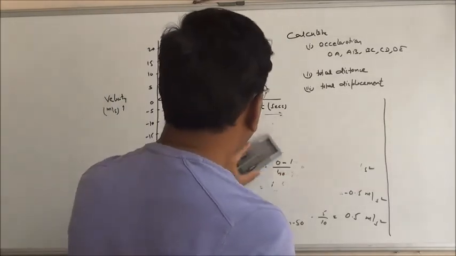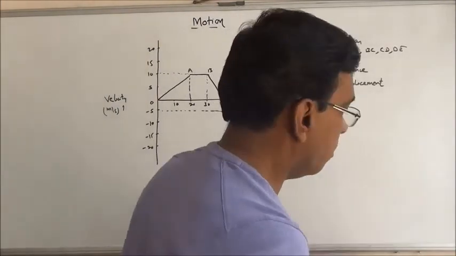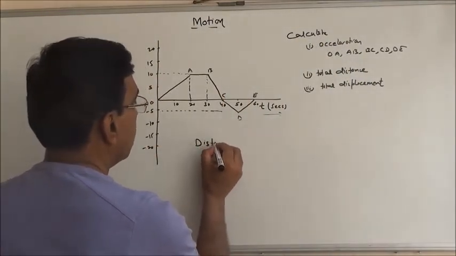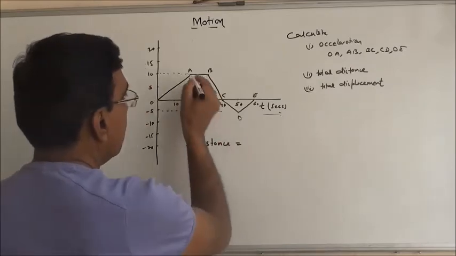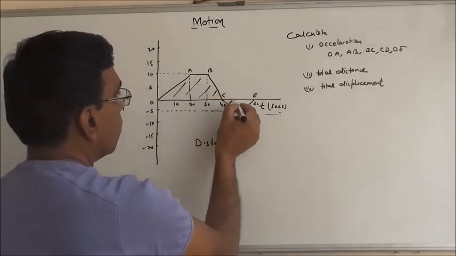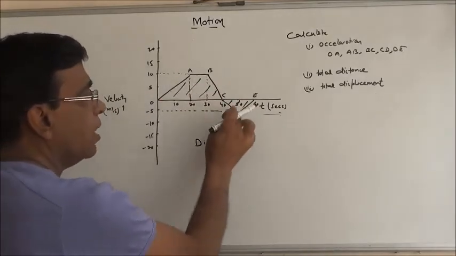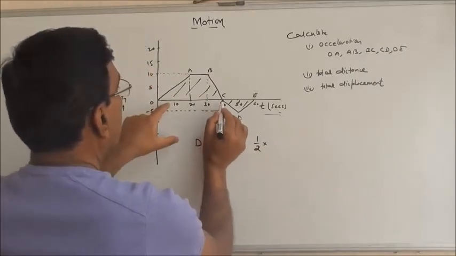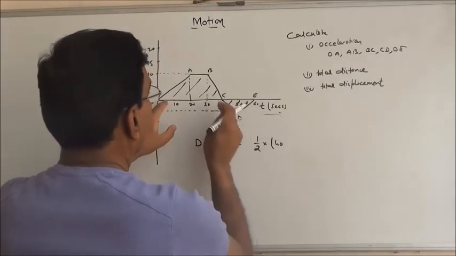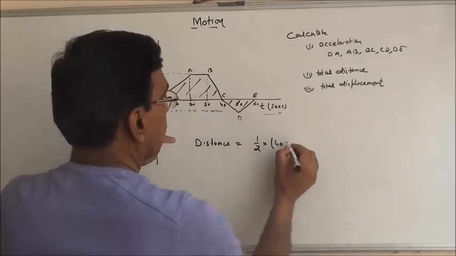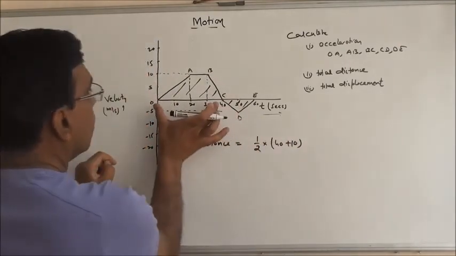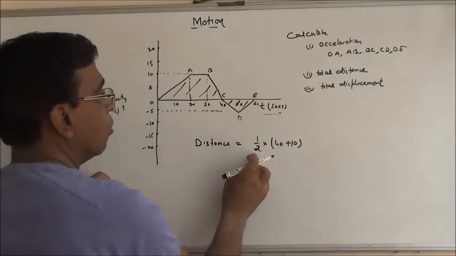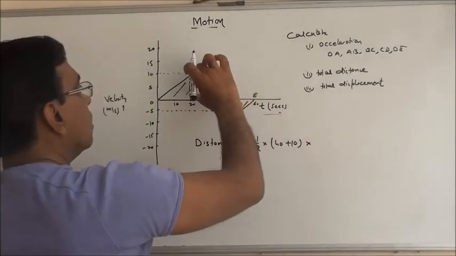Now let us calculate the distance and displacement. Distance is the total area, this plus this. So I am taking this as a trapezium and this as a triangle. What is the area of this? Half sum of parallel sides: this side is 40, this side is 10, that is 30 minus 20. So half sum of parallel sides times the distance between the parallel sides.